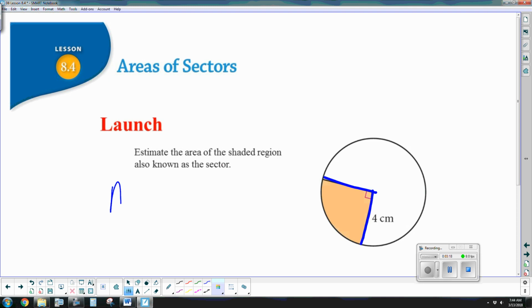So estimate the area of the shaded region. Well, we know the area of a circle is pi r squared. And in this example, we know that r equals 4. Now, we're not looking for the area of the entire circle. We're only looking for the shaded region. So looking at this sector, it looks like the shaded region is about a quarter of the circle.